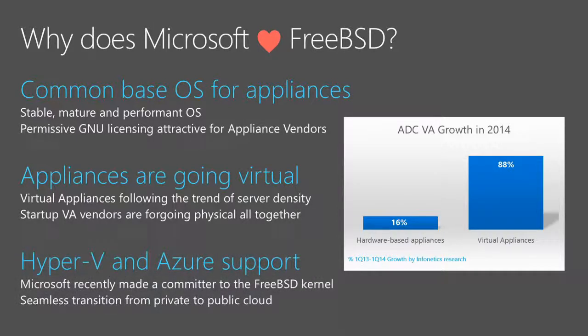So from Microsoft's standpoint, because of that virtualization trend, we want to make sure we have rich Hyper-V support, just like we do for Linux, to support that model and to ensure that enterprises can then bring over those appliances into their data center and be able to run them on Hyper-V as they wish.